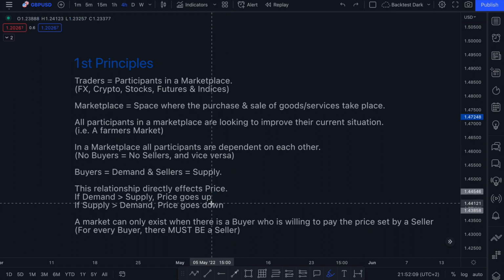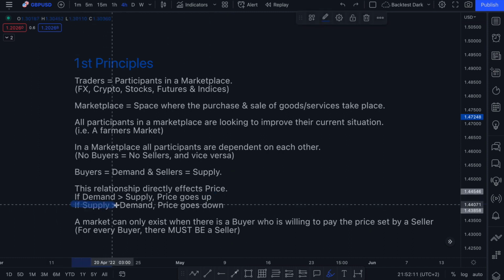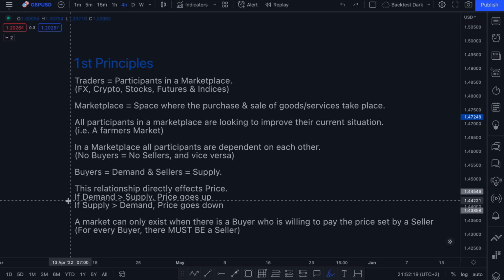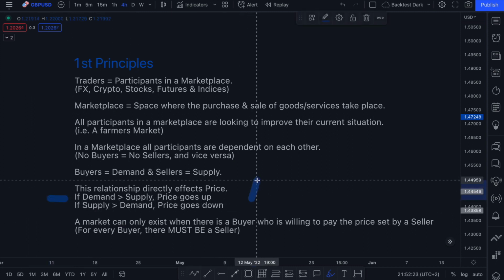Think of it this way: if demand is greater than supply, then your price goes up. I'll say that again: if your demand is greater than supply, then your price will go up. Why? Because buyers will be more willing to pay a premium for whatever it is that they want to purchase, because the need is there, they have the demand.